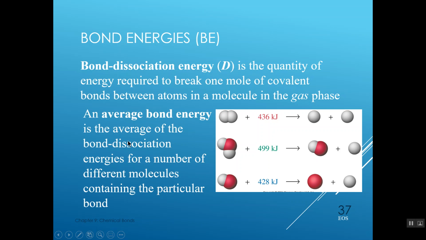This is the average of the bond dissociation energies for a number of different molecules containing a particular bond. So even though there's a difference between the energies for breaking one bond in a molecule and breaking another bond of the same type in the same molecule, to get the data in the table they averaged these bond dissociation energies over the same molecule and different molecules. And that's how we get these values.